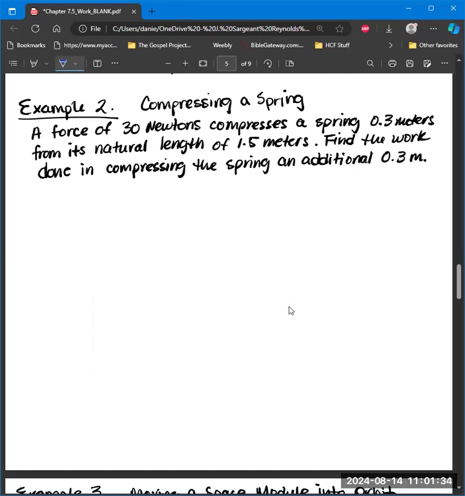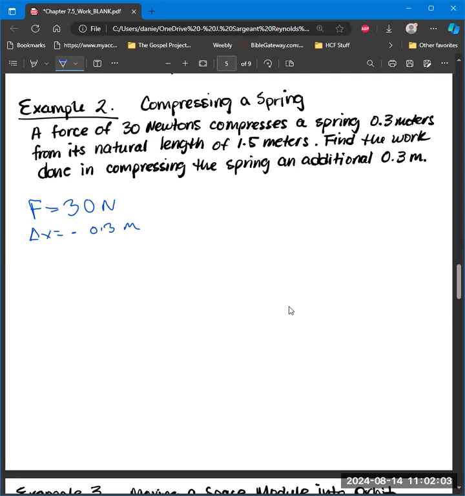A force of 30 newtons compresses a spring, so delta x is negative 0.3 meters, because we compressed it from its natural length of 1.5 meters.